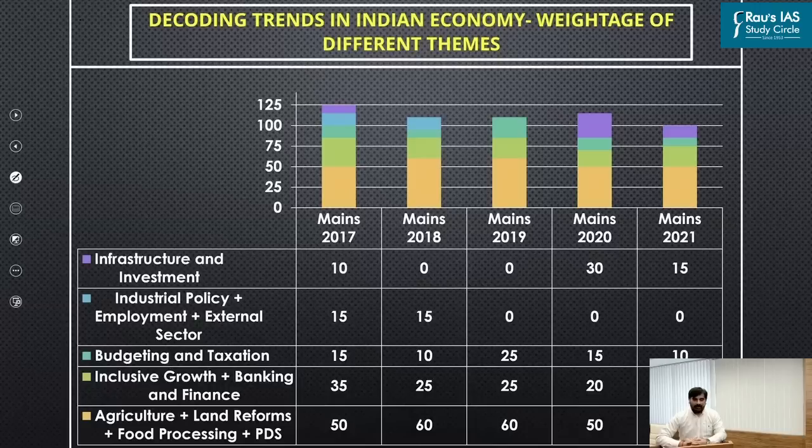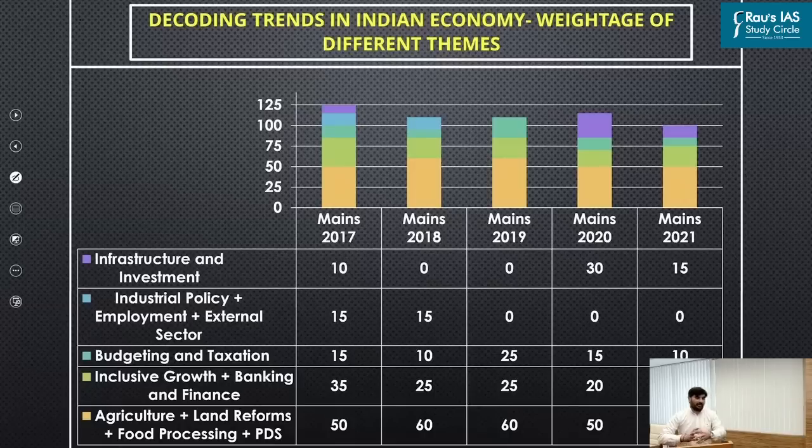If you see, in the previous 4 year mains examinations, the theme which has been getting the maximum weightage happens to be agriculture, land reforms, food processing, and the public distribution system. On an average, almost 50 to 60 marks have been asked from this particular theme. Even this year, as you can see, this theme has got the maximum weightage, that is 50 marks.